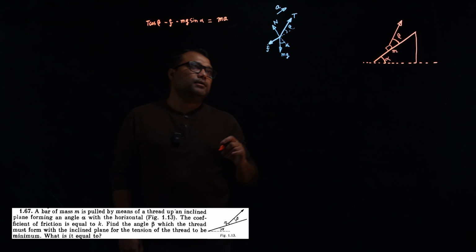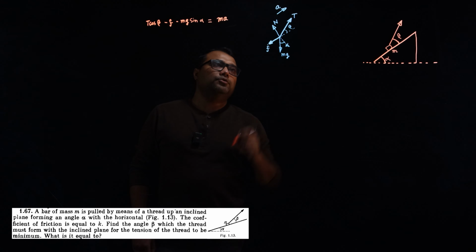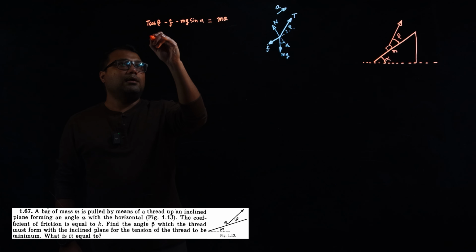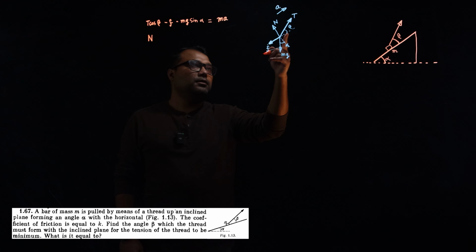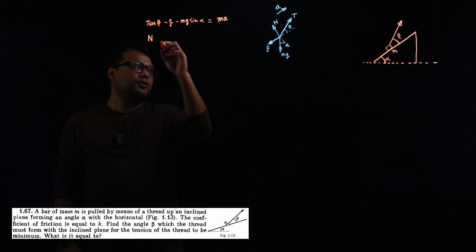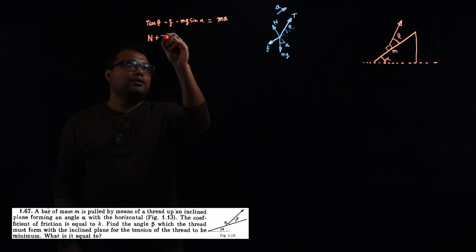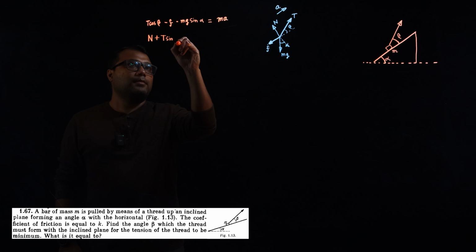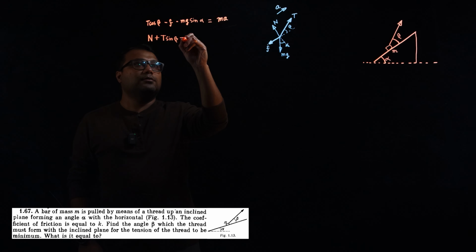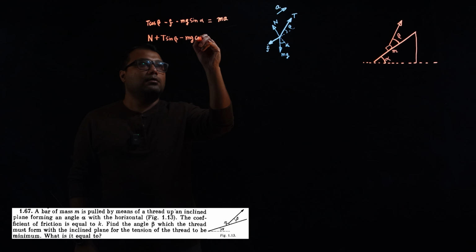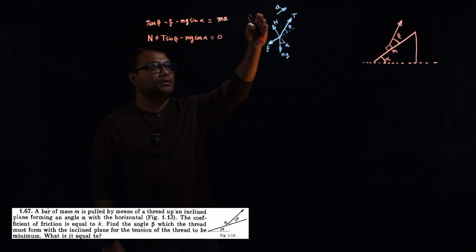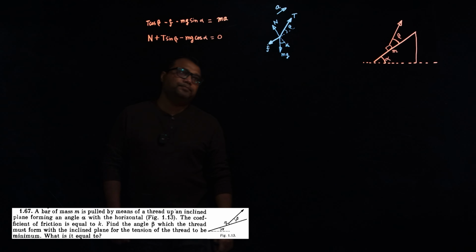Second thing we can say is, along the direction perpendicular to the plane, N, the normal reaction, plus the component of tension in the direction of the normal reaction, T sine beta, minus mg cos alpha must be equal to 0 because there is no acceleration in the normal direction.